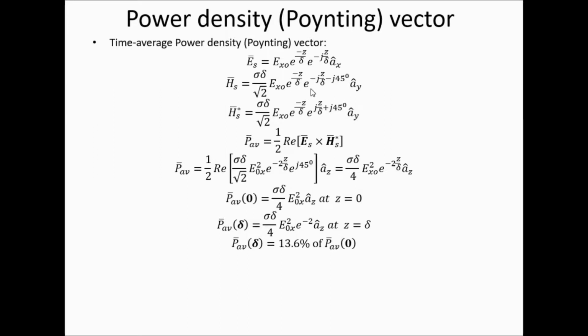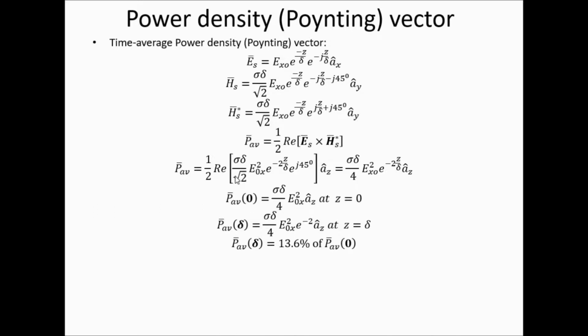So now we do have the electric field expression and the conjugate of magnetic field expression. If you multiply this, you will get sigma delta over square root of 2 Ex0 squared e to the power 2 negative z over delta, and here this j and this j term will be cancelled out because this is positive, this part is negative, but we have 45 degrees, so e to the power j 45 degrees.